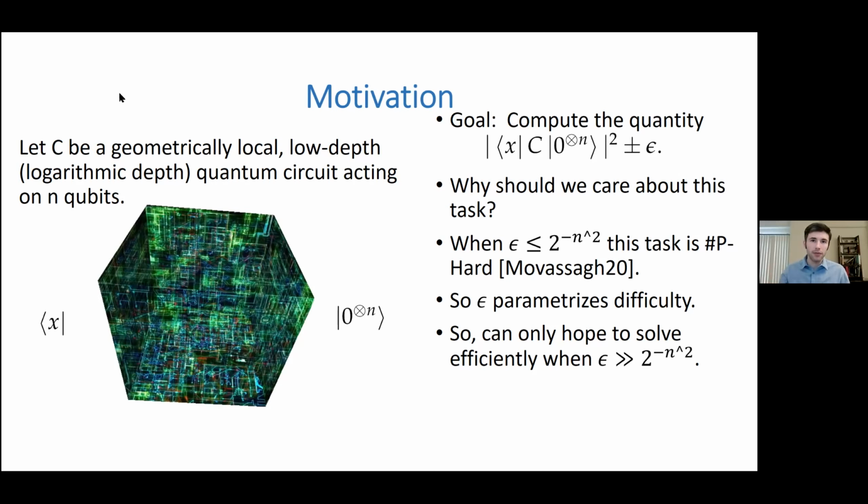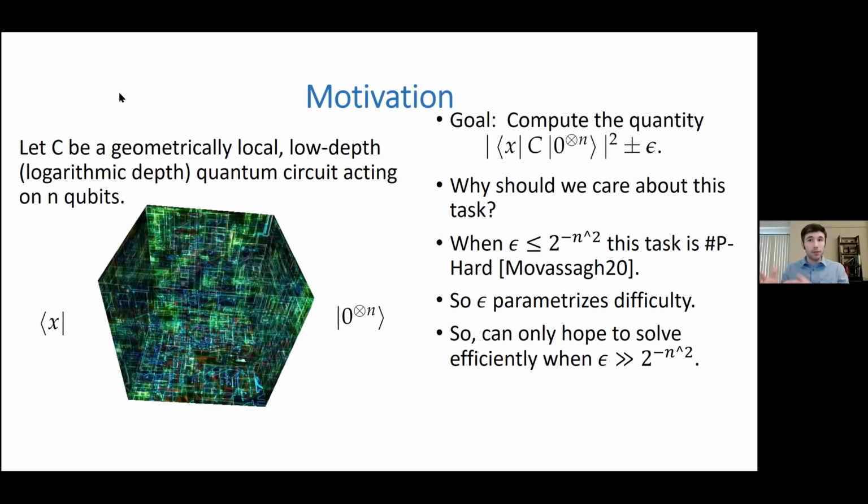Those types of tasks typically would be more related to the regime where our additive approximation error is exponentially small. And we're going to consider a different regime. And so that's why I want to explain the motivation for that.